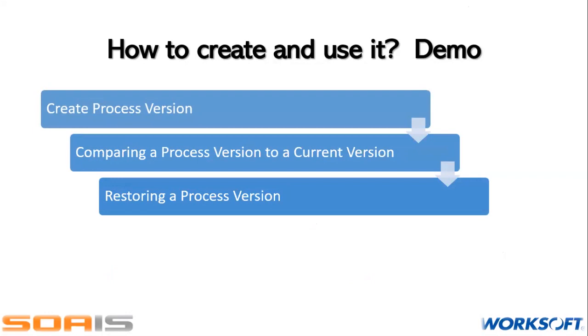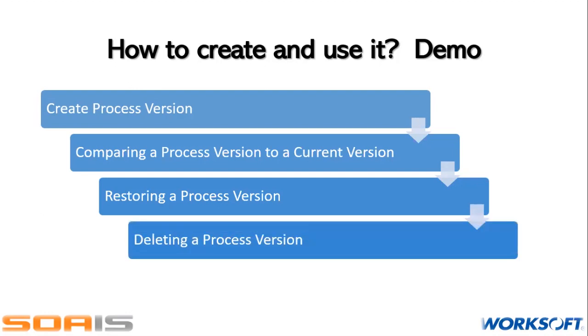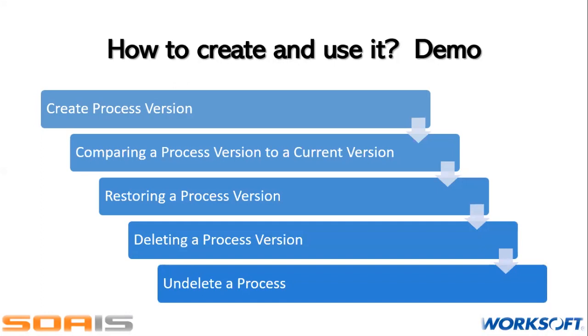After that, we'll see restoring a process version. Then we'll see undeleting a process version. And if we are creating multiple versions of the process and you think one is not required, you can easily delete that particular version also. We'll see that in this demo.